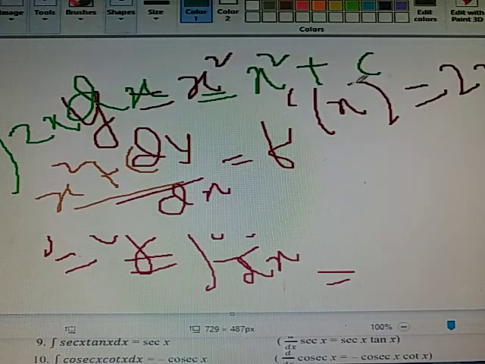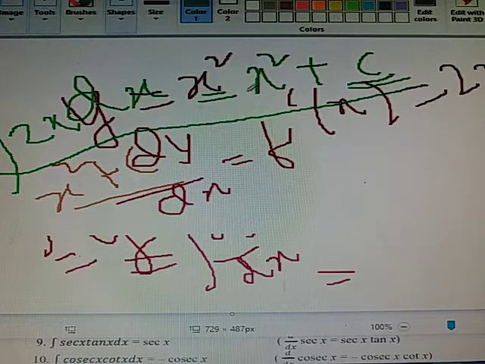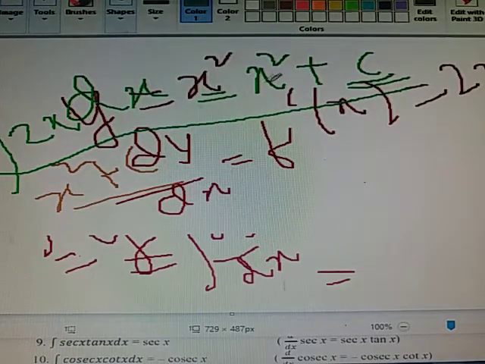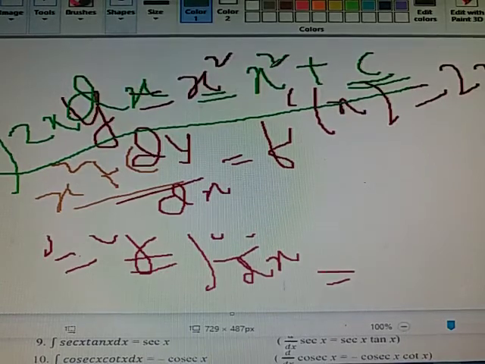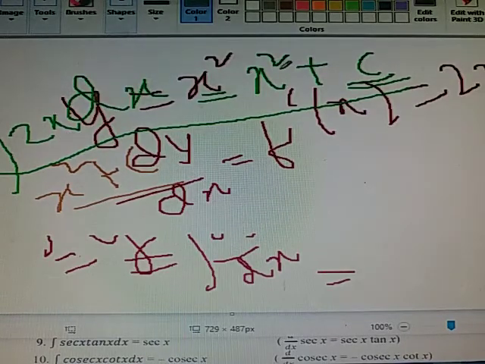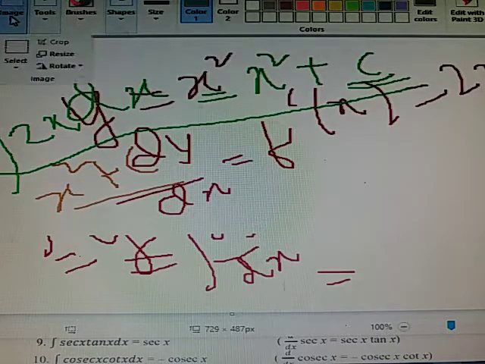This is a constant of integration, and integration of twice x dx is equal to x square plus c, where twice x is the derivative or differential coefficient of x square. So this is all about the concept of integration.